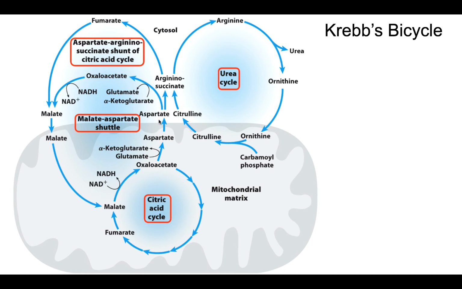Also, take a look at this. Now, when oxaloacetate is converted to aspartate and aspartate moves here, we also have that malate aspartate shuttle where aspartate can be converted back to oxaloacetate here, then to malate, and then back in. And in doing this, right, we have a way to shuttle electrons via NADH here to NADH here in the mitochondrial matrix.